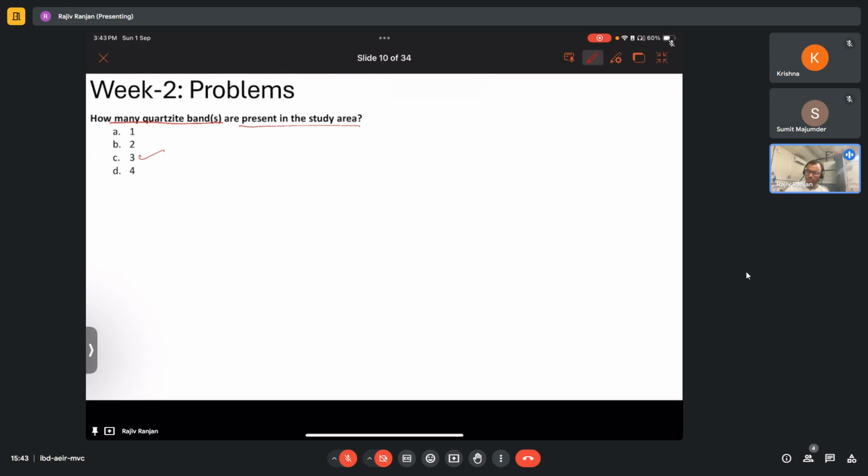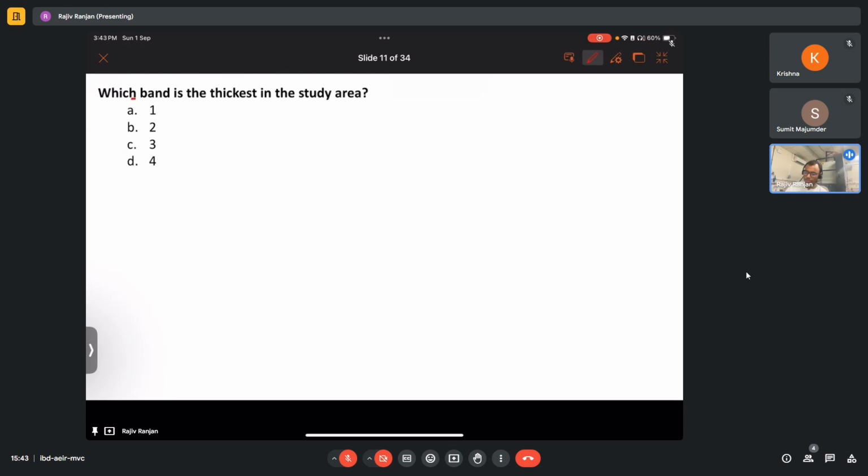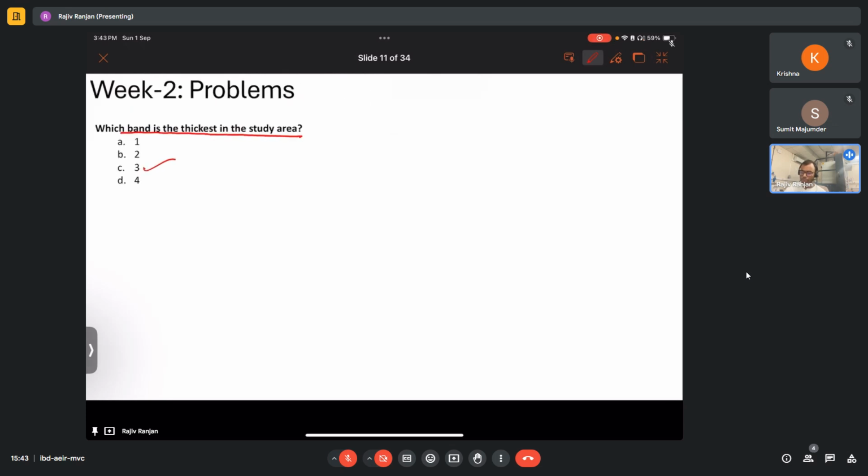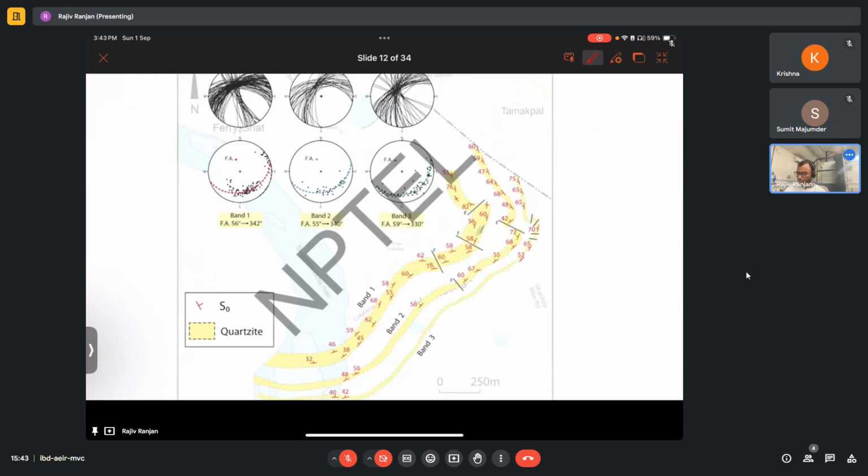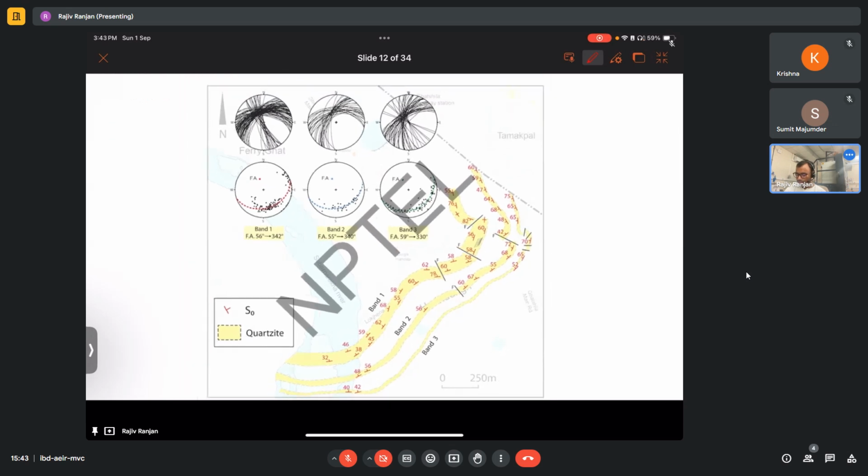So there are three quartzite bands in the Ghatshila region, and there is variation in the thickness of the bands. So here the question is, which band is the thickest in the study area? So this is option 3. I will just show you the diagram, the image that I have taken from the lectures.